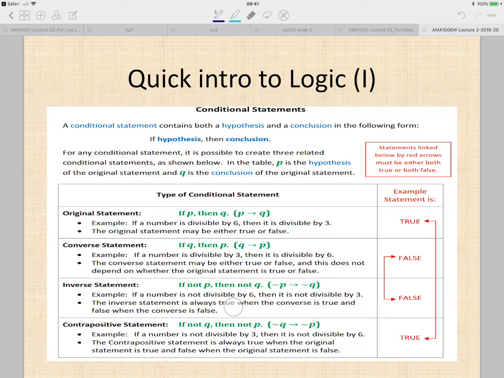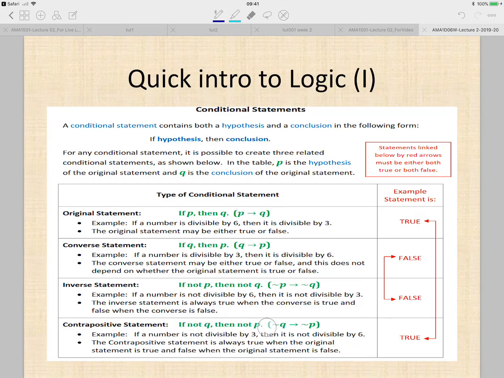The inverse statement is not P implies not Q. So if a number is not divisible by 6, then it's not divisible by 3. Then there's something called the contrapositive, which is if not Q, then not P. These two, the original statement and its contrapositive, are equivalent.